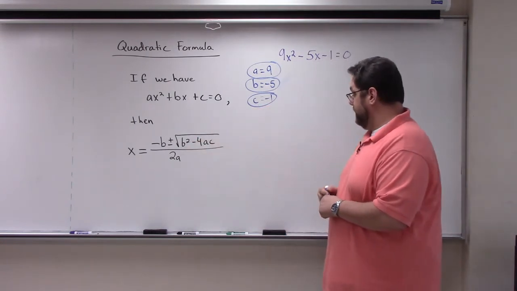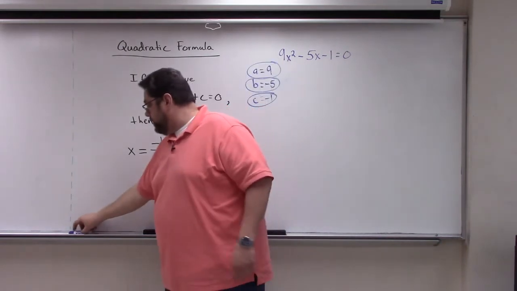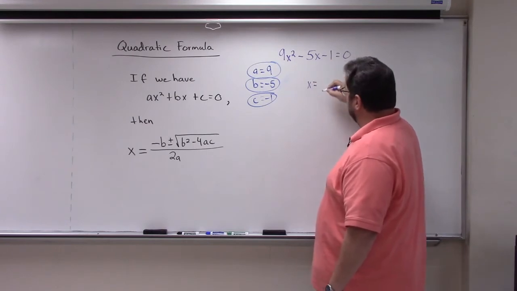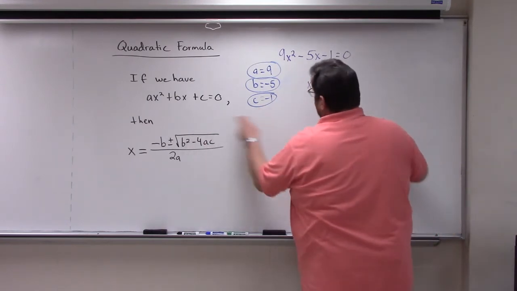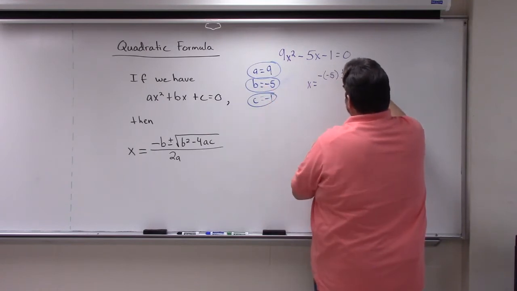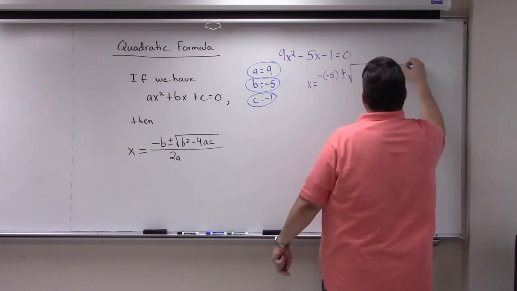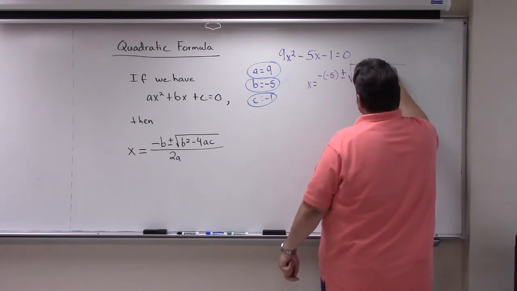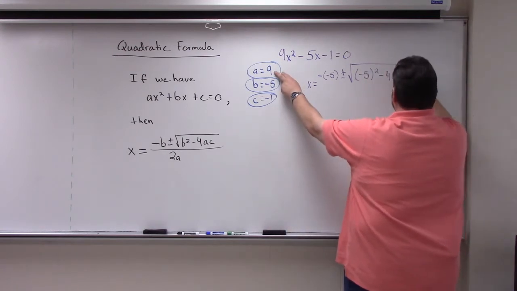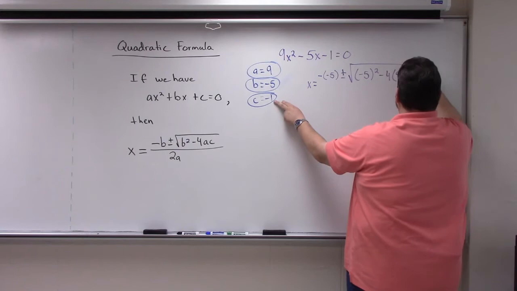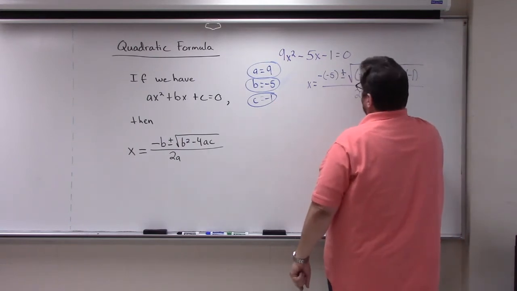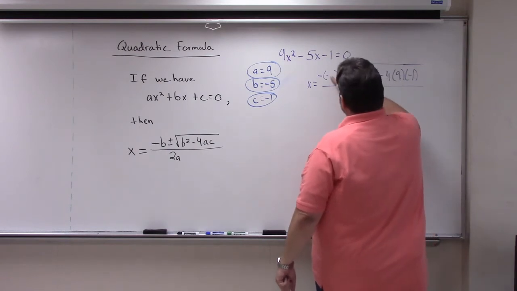And what we're going to do is take these three numbers and plug them into this formula. All right? So x is equal to, negative b, so minus negative 5, plus or minus the square root of negative 5 squared minus 4 times a, well, a is 9, times c, which is negative 1, all over 2 times a, which is 9.